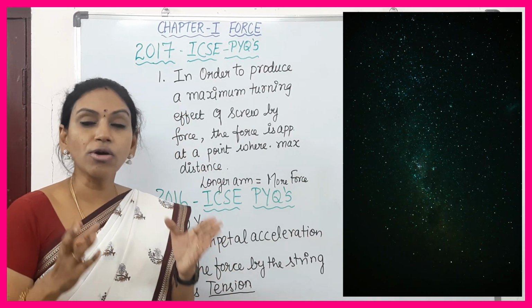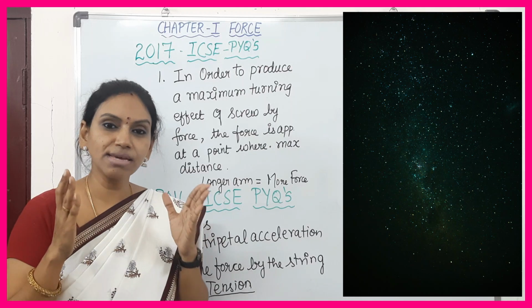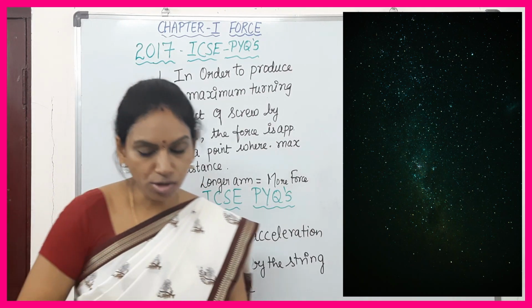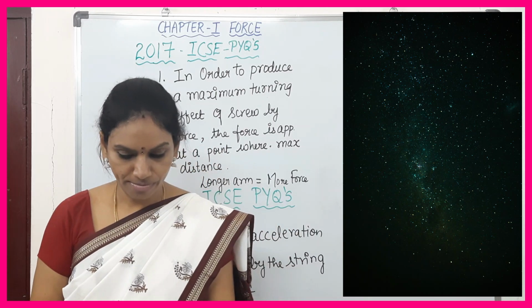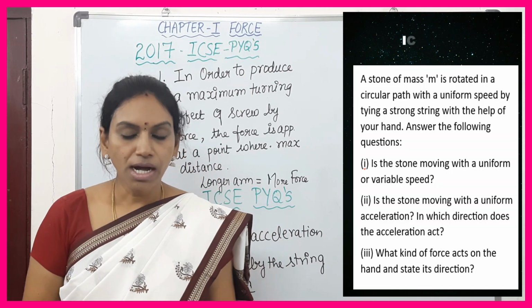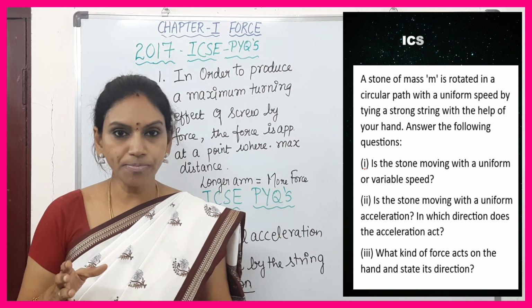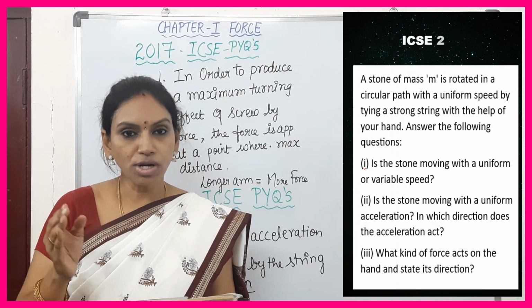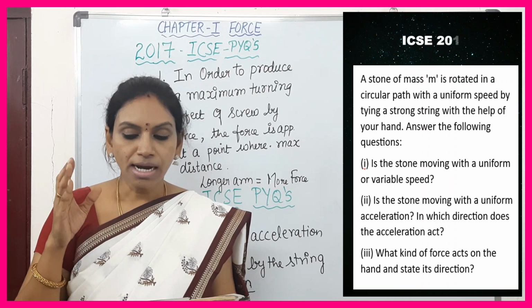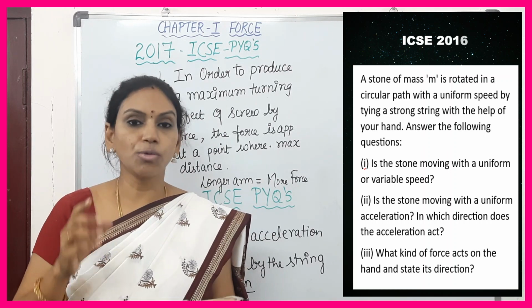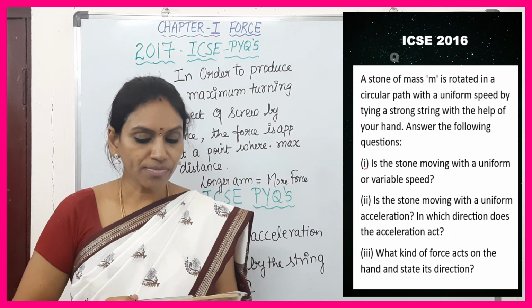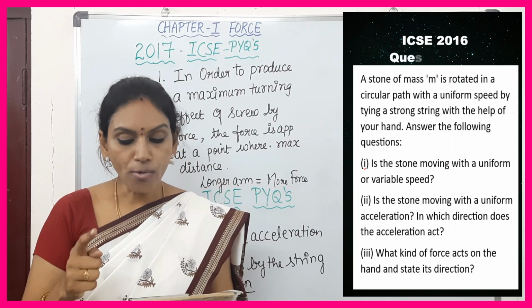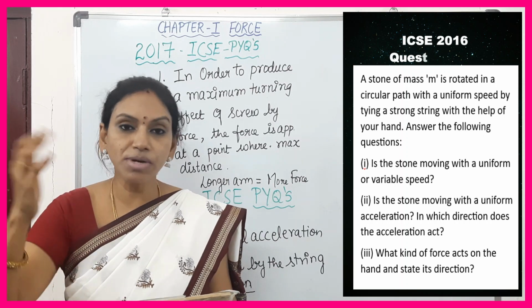Let's go for the 2016 ICSE board exam. First question, let me read out the question. A stone of mass m is rotated in a circular path with a uniform speed by tying a strong string with the help of a hand. First: is the stone moving with a uniform or variable speed?